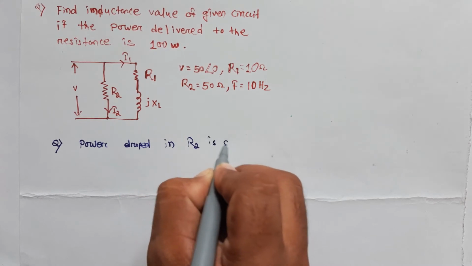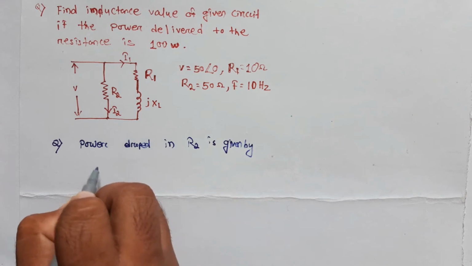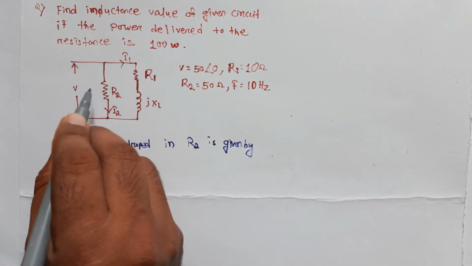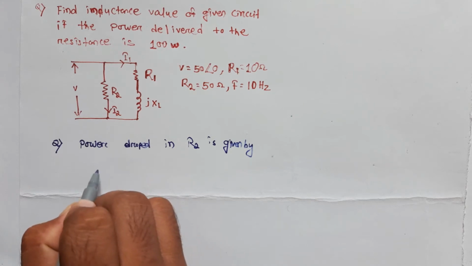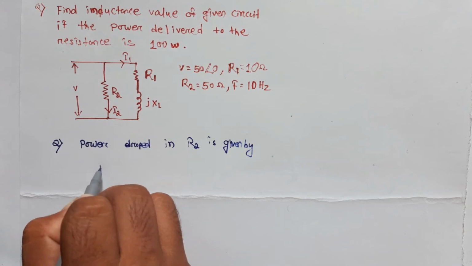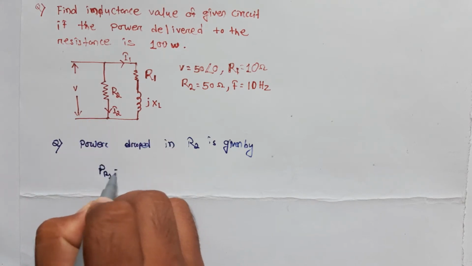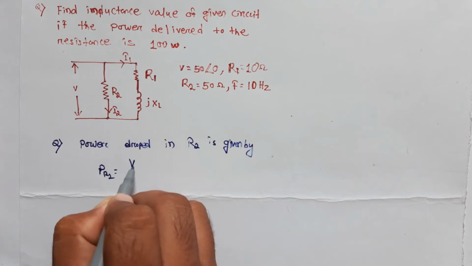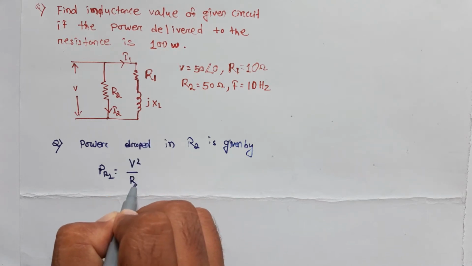We know the voltage across it is V, so we can write the power PR2 is equal to V square by R2. Yes or no?